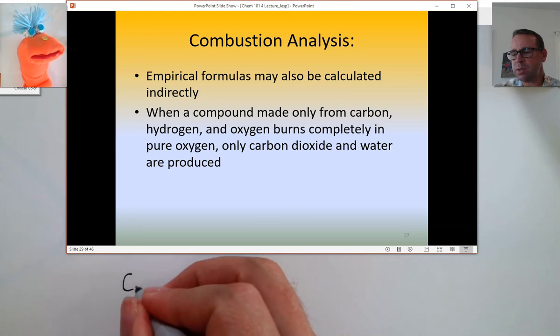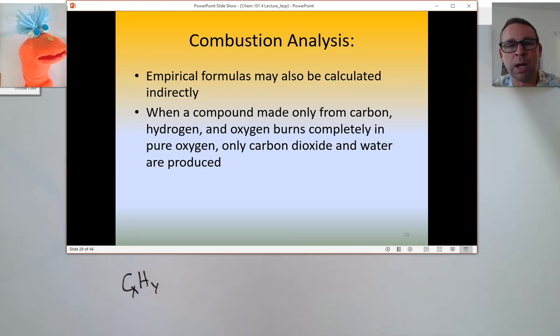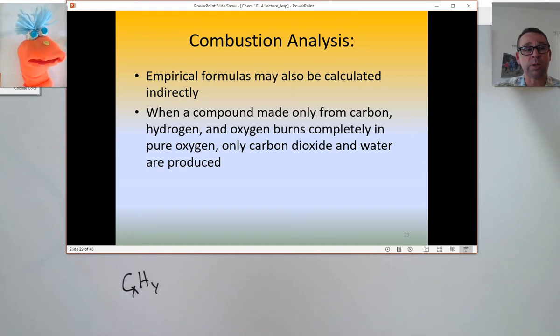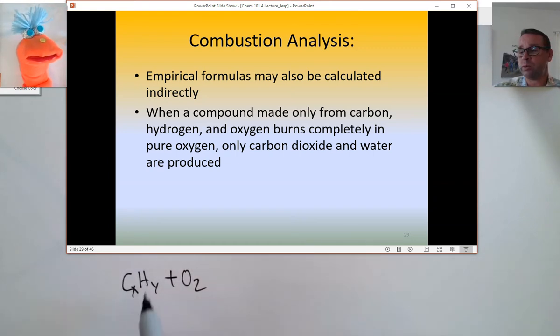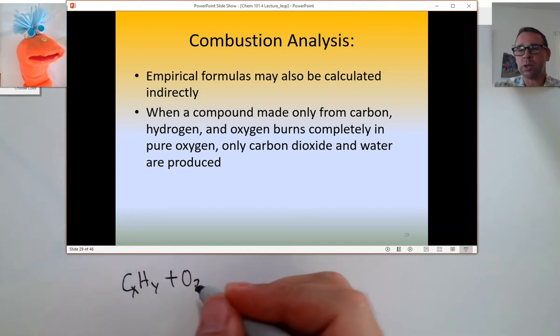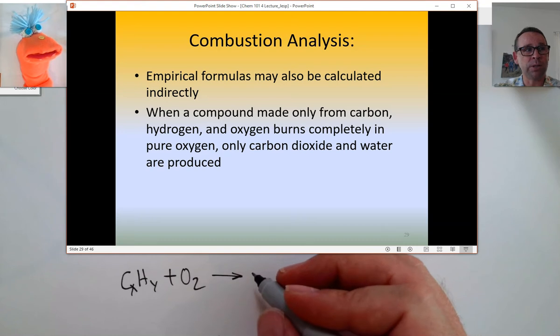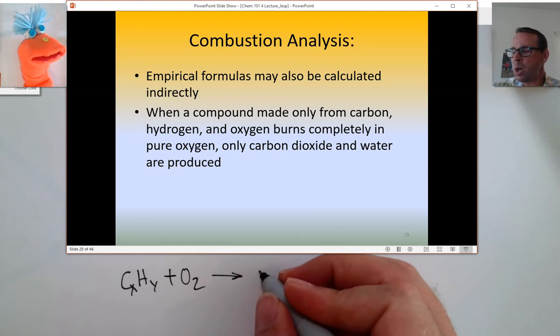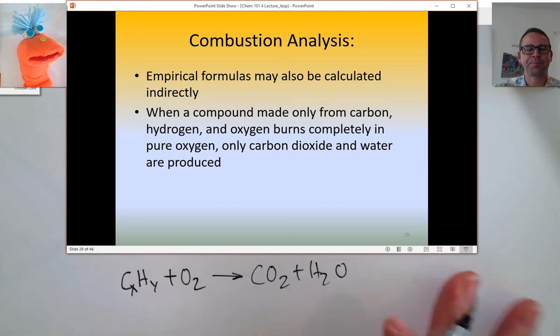Because if you take a compound like this, some compound CxHy, I don't know its empirical formula to start off with, and combine it with oxygen, and this is true of any organic compound, we call it organic because organic means basically composed of carbon and hydrogen, and you combine that with oxygen with some heat, we call that burn it, right? Then the products are carbon dioxide and water, all right?